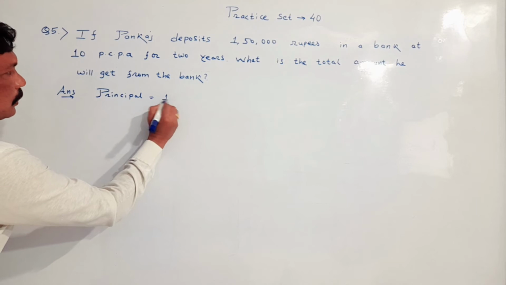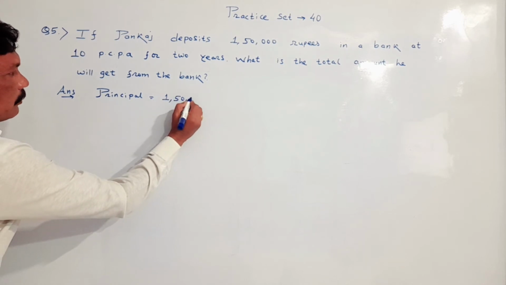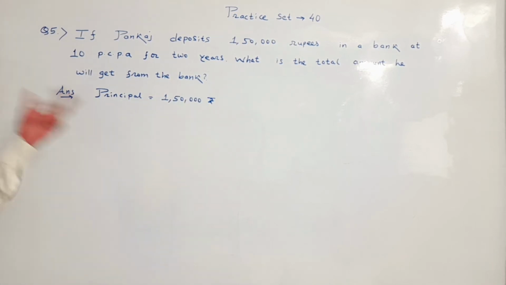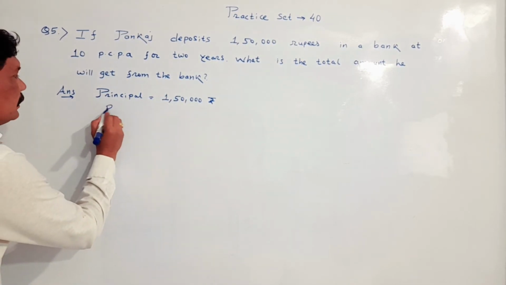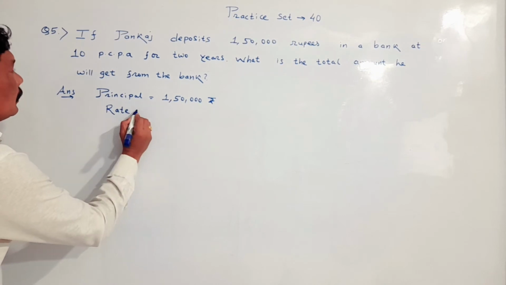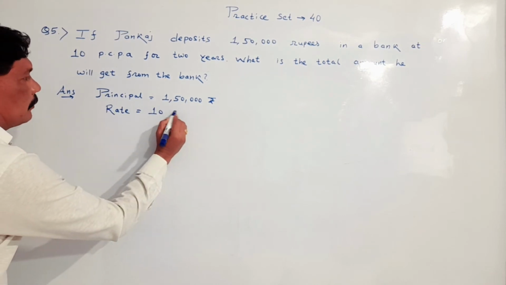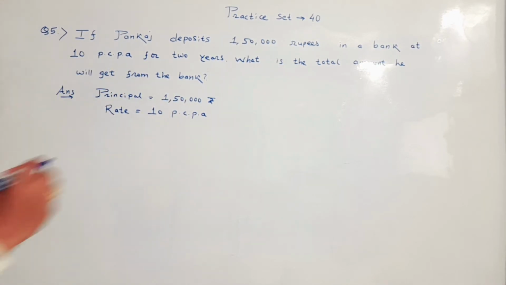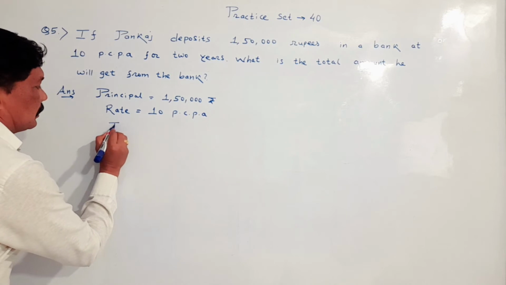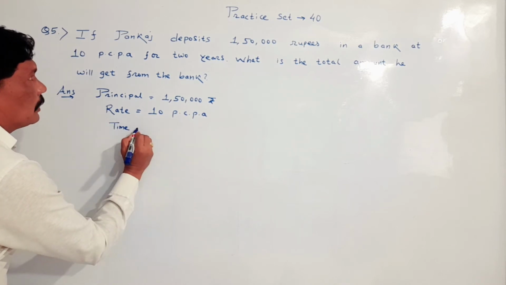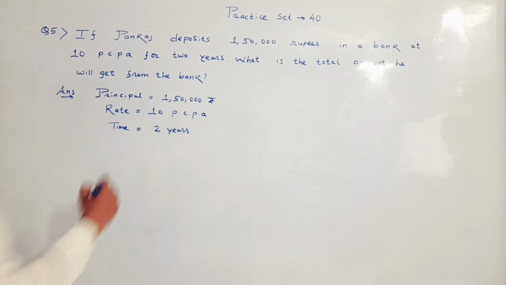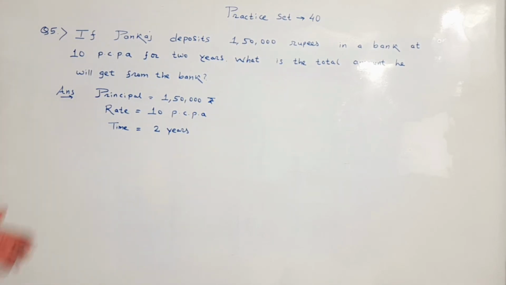Principal is equal to 1,50,000 rupees at a rate given is equal to 10 percent per annum for 2 years. Time is given, 2 years. What will be the total amount he will get from the bank?